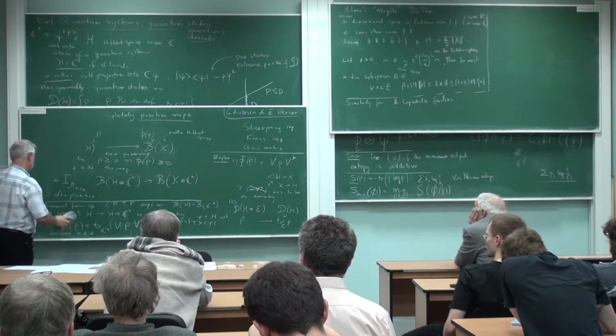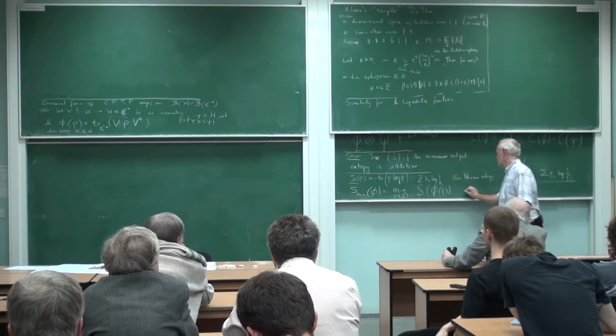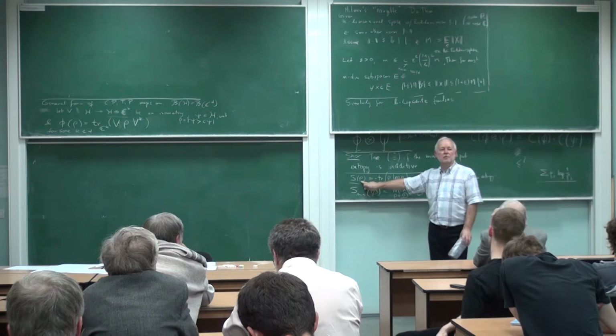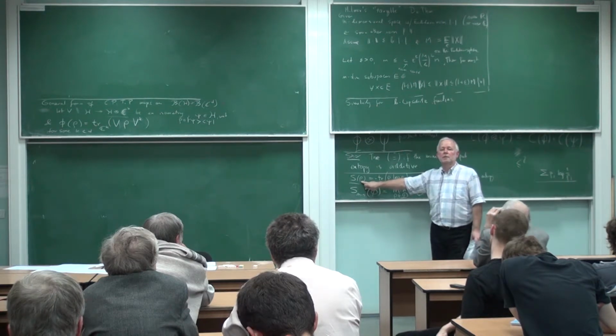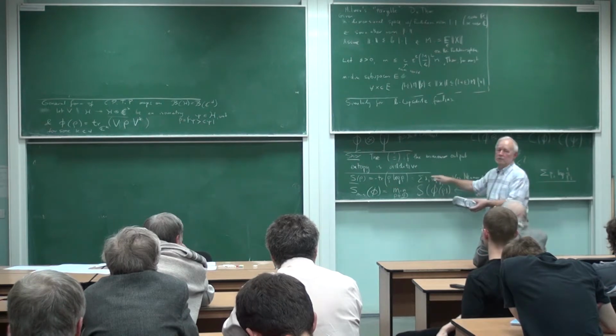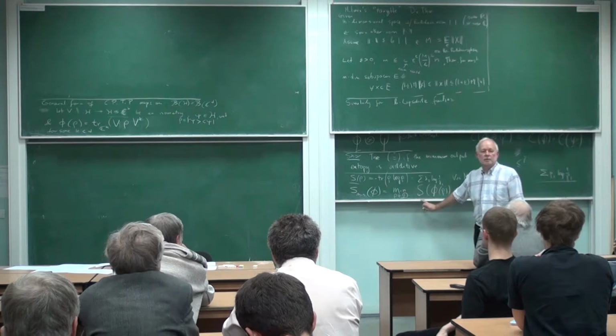I probably need this one. One elementary observation about this function is that it is a concave function, which just follows from the fact that this is concave for a single variable. And so this minimum is attained on an extreme point.